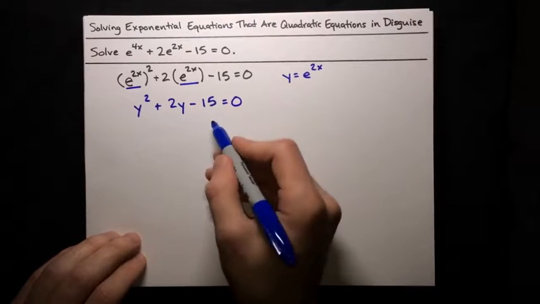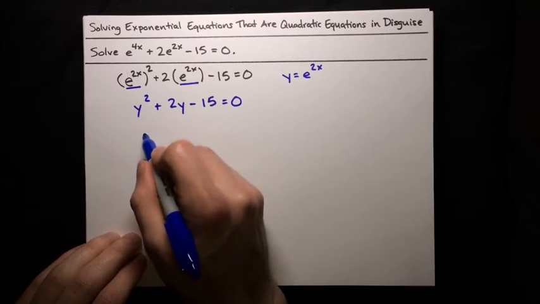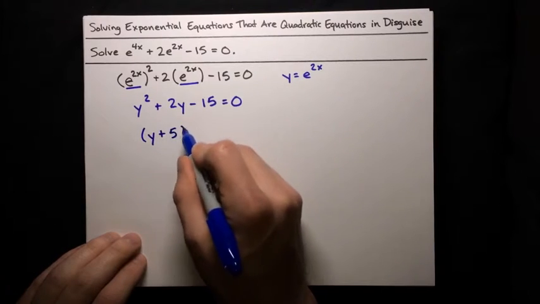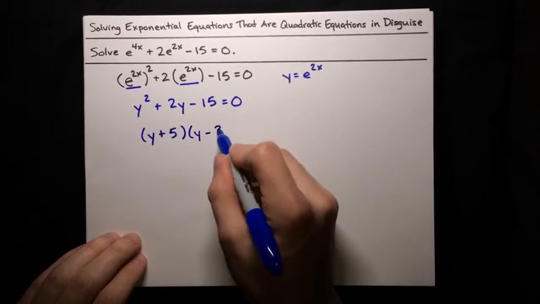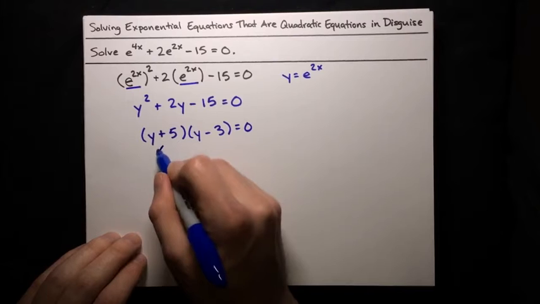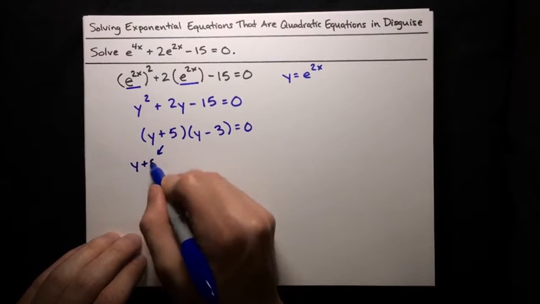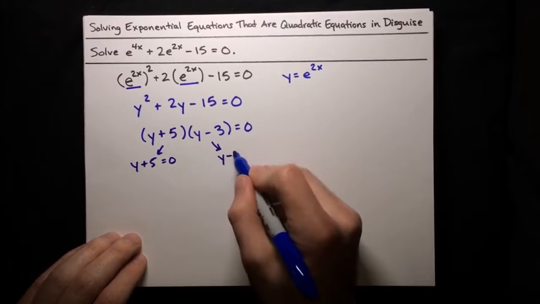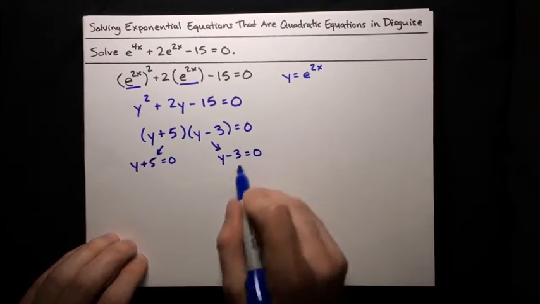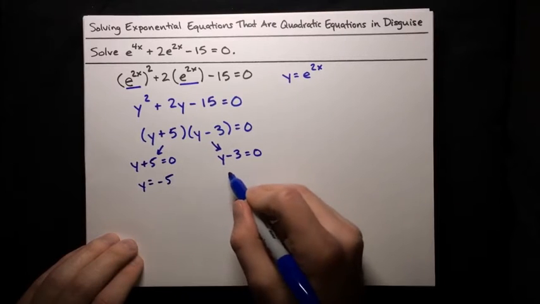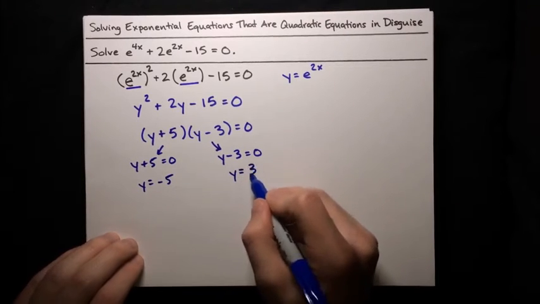And that expression can be factored pretty easily. So it's just y plus 5 and y minus 3 equals 0, and we'll just split that up. So either y plus 5 equals 0, or the second factor, y minus 3 equals 0. In the first case, we've got y equals -5, and in the second case, we've got y equals 3.